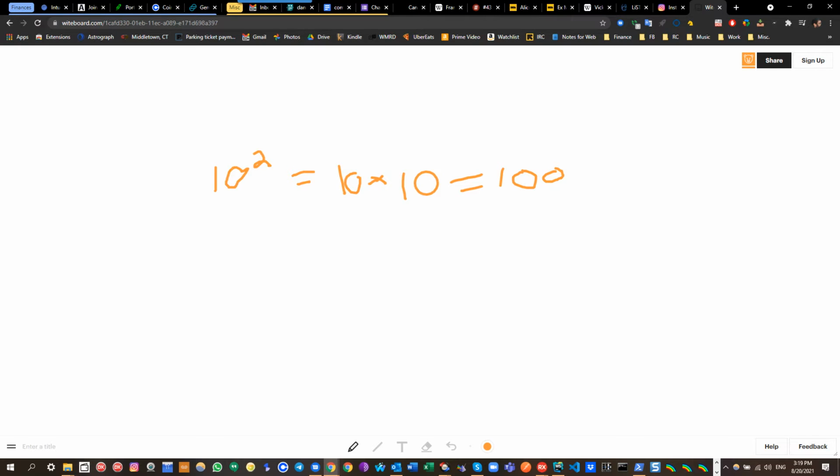So, this is the base. And this is the exponent.